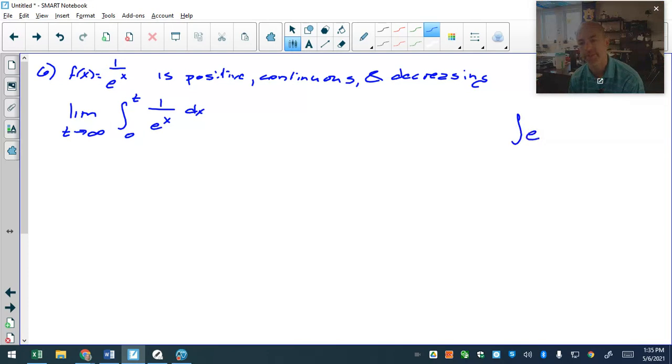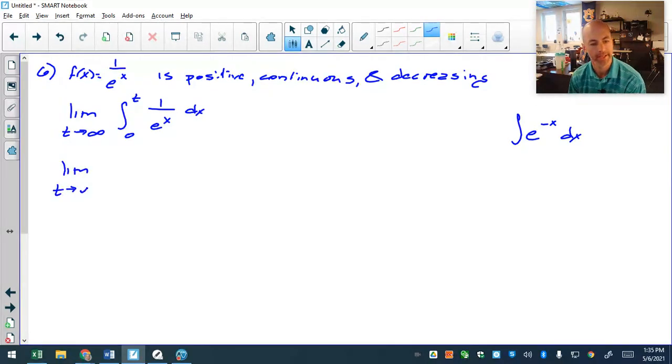the integral of 1 over e to the x, that's e to the negative x. And that integral is going to be negative e to the negative x. So while I hate the integral test, it is my least favorite of all of them, at least I gave you a nice one. So that's negative e to the negative x for the antiderivative, which is negative 1 over e to the x.